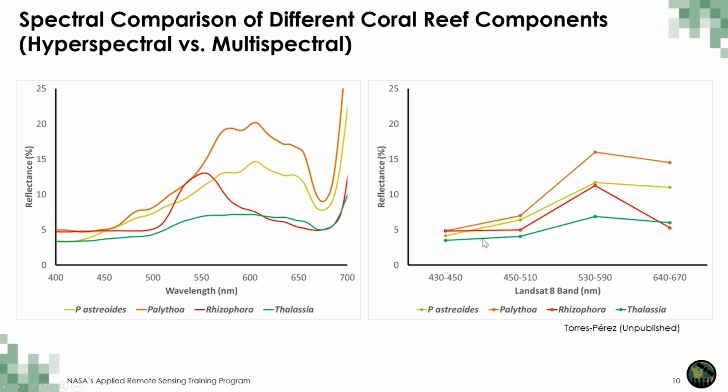You see that most of the spectral features that appear obvious to distinguish, particularly these reef components that we mentioned before in the hyperspectral in situ data, are lost in the multispectral adjusted data. So obviously, this is just for illustrative purposes, but at least you can see how different the data might look between hyperspectral on the left-hand side and multispectral on the right-hand side from exactly the same targets.